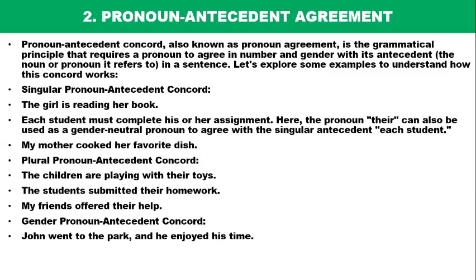The masculine pronouns he and his, both of them agree with the masculine antecedent John. Okay, so then let's look at another example. Sarah is an engineer and she loves her job. The feminine pronouns she and her agree with the feminine antecedent Sarah.